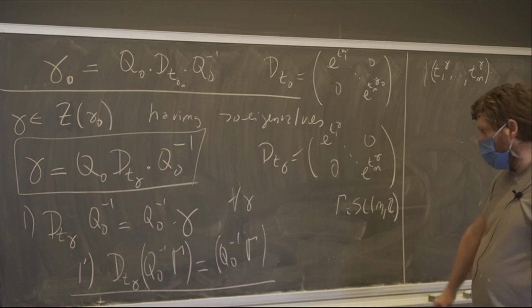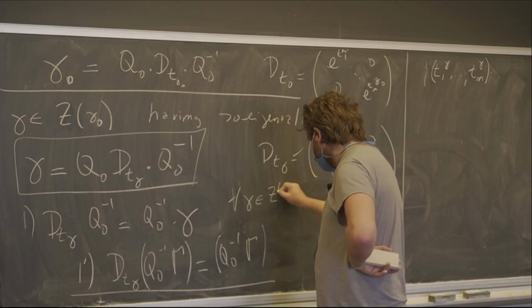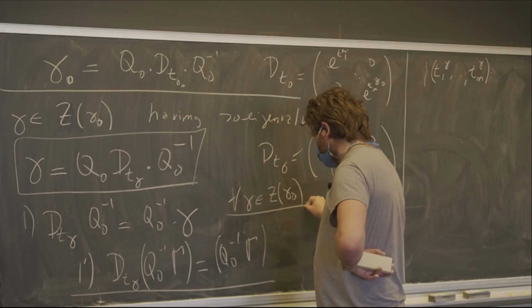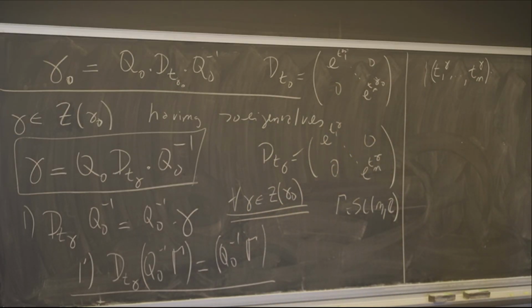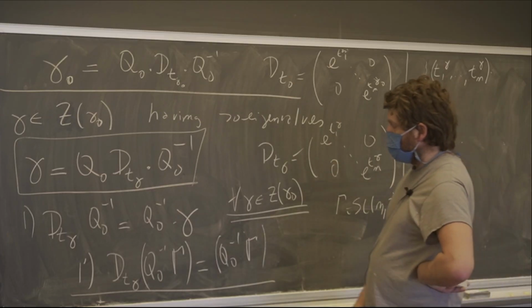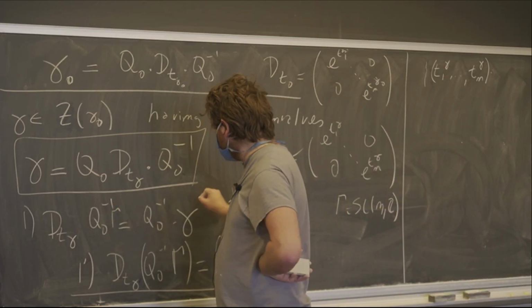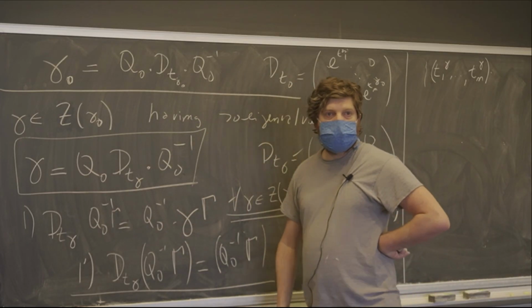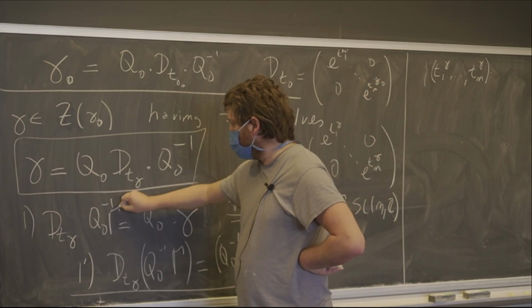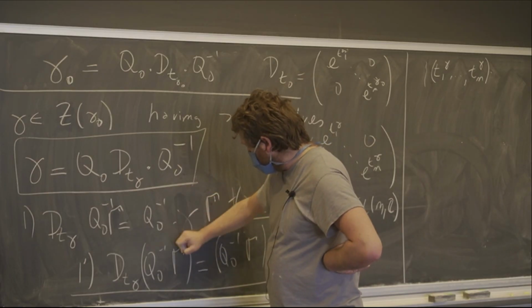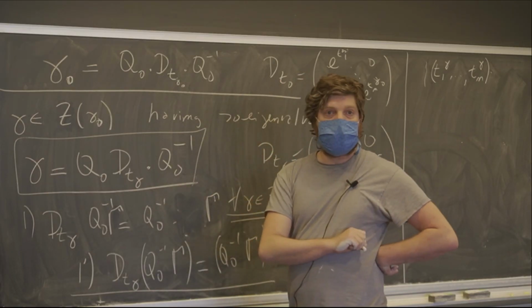Yes, that's for every gamma in the centralizer of gamma. But one prime is something stronger. No. I'm just multiplying by gamma from both sides. So if I have equality, then I have equality here. And then the whole game is that I can erase this guy.